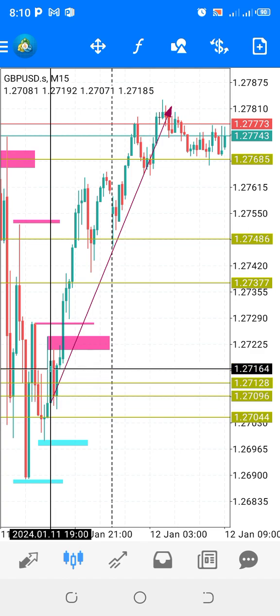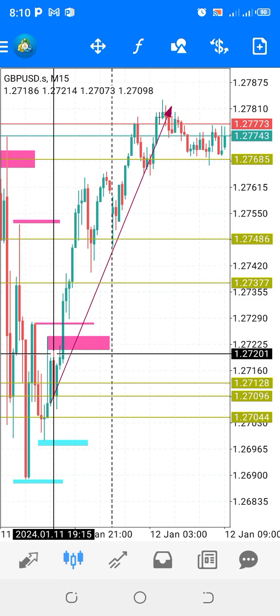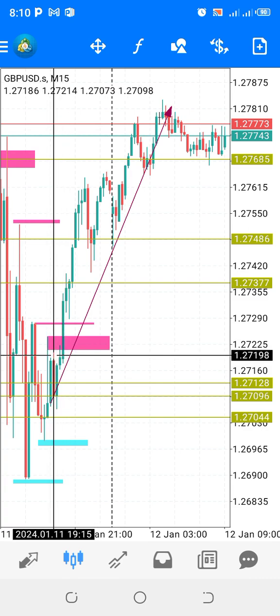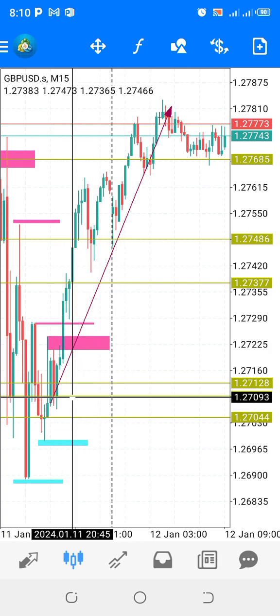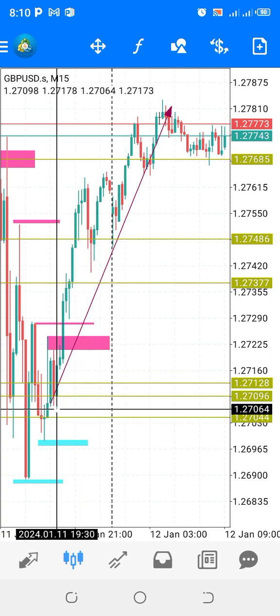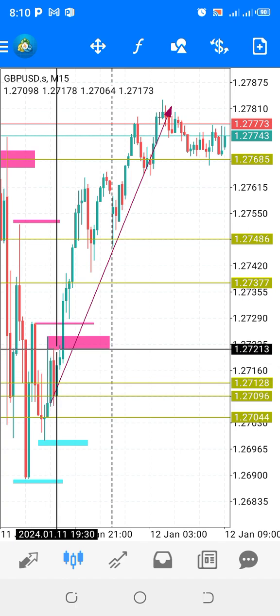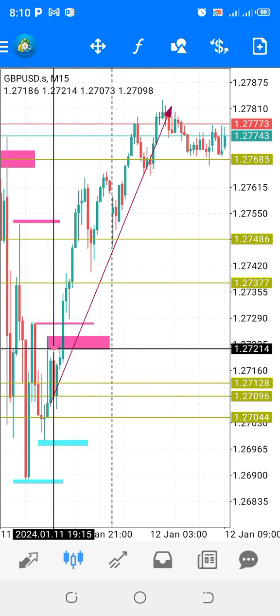So now the market went and formed a level when this new impulse or G3 event was terminated. So that gives you a new turning point, which is 1.2709, and a new impulse break level for the G3 impulse, and that is 1.2721.